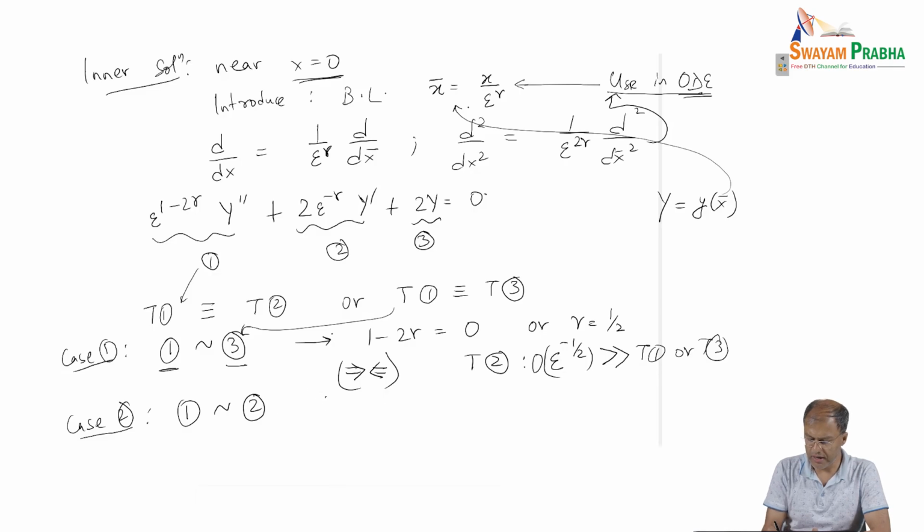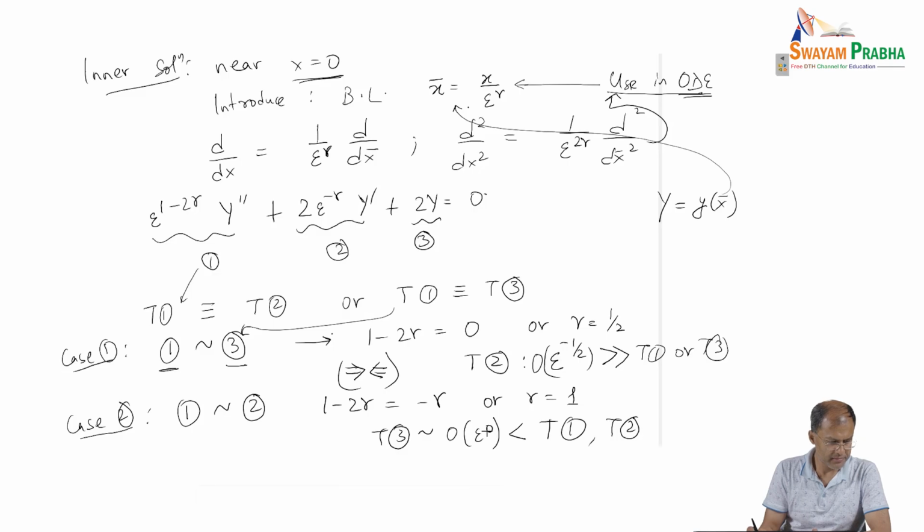In that case 1 minus 2 gamma equals minus gamma, so gamma is 1, and term number 3, which is of order epsilon to the power 0, is going to be less than terms 1 and 2.